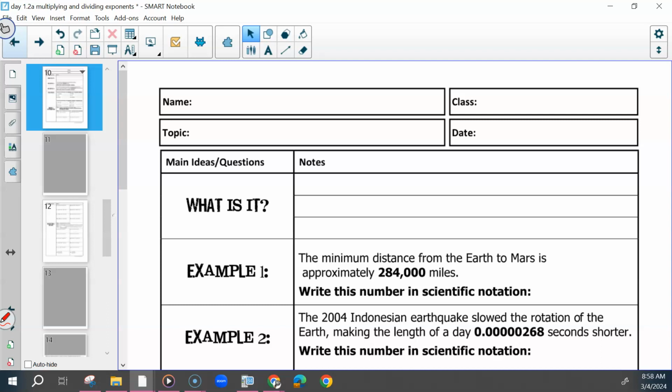This will be in this same packet of notes.